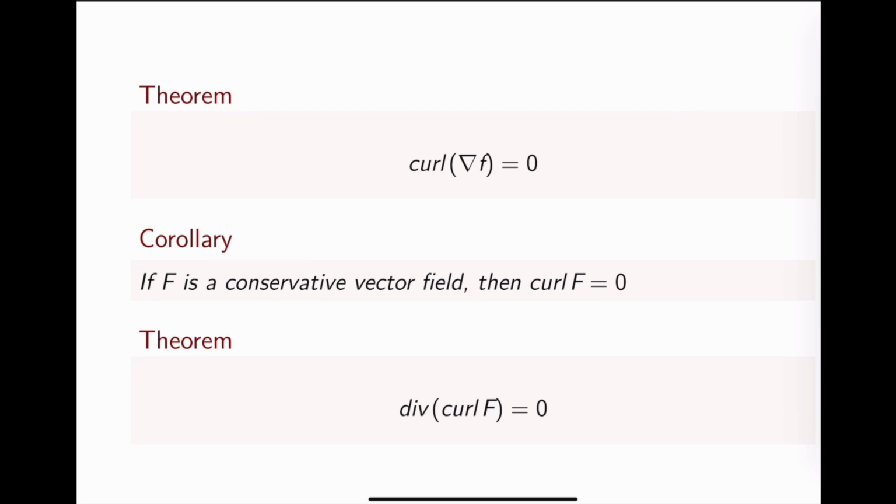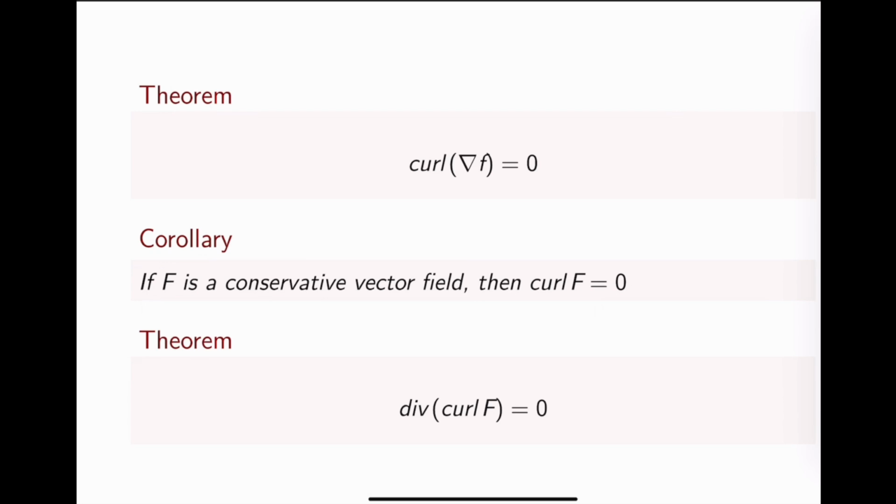We have some results related to the curl and the divergence that make sense physically and also algebraically. We can actually prove these results essentially using Clairaut's theorem that says that the mixed partial derivatives coincide.